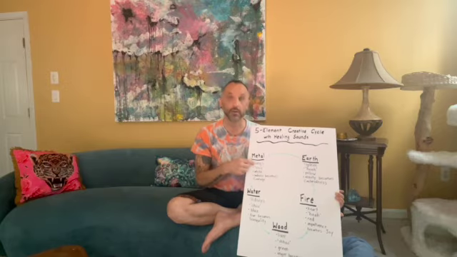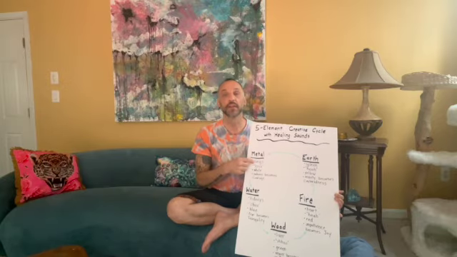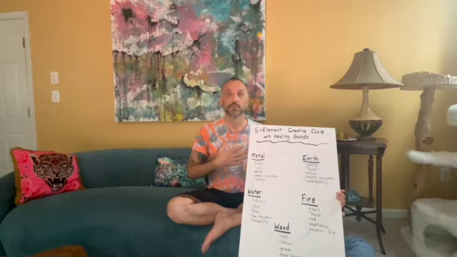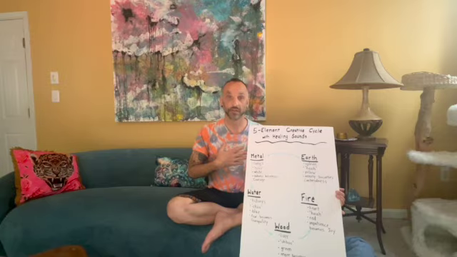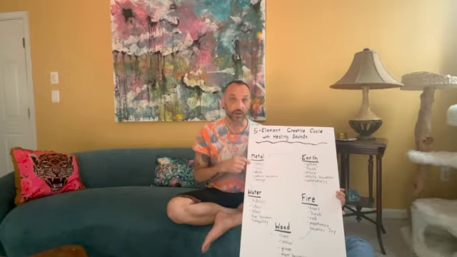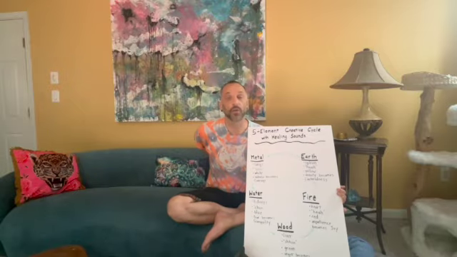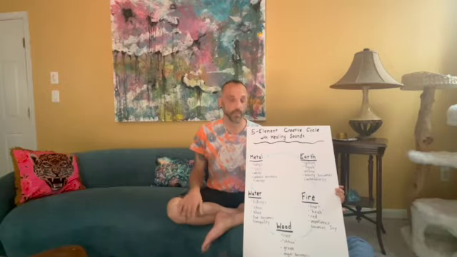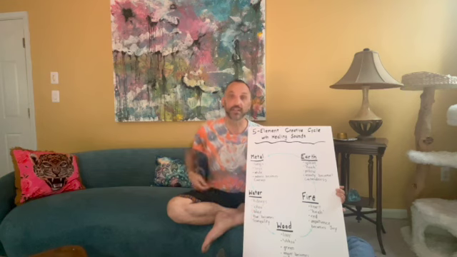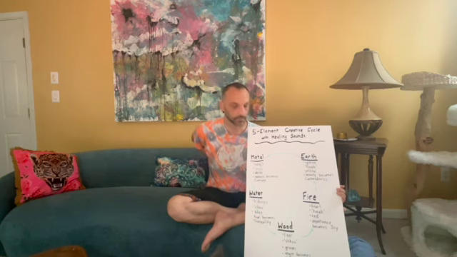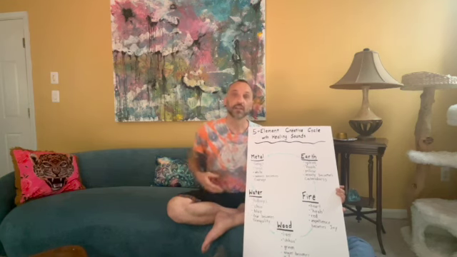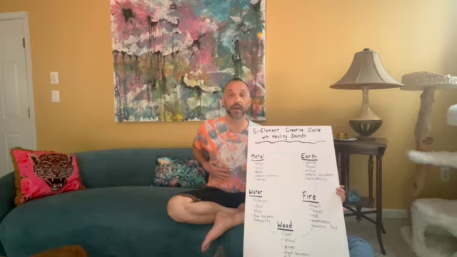So if we start at metal, the metal would be the lungs, checking to make sure the lungs are healthy and functioning. And if the lungs are healthy and functioning, then we can stimulate and activate the kidneys, the water element in the kidneys. And if the water element in the kidneys is healthy and functioning, we can go and check the filtering capacity of the liver.